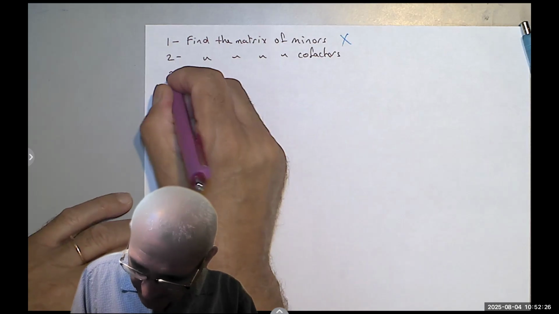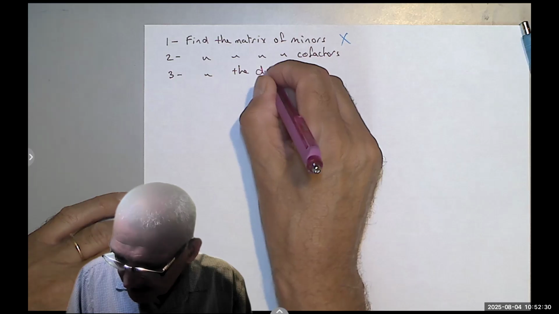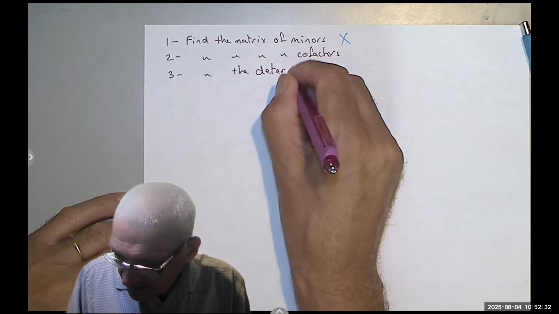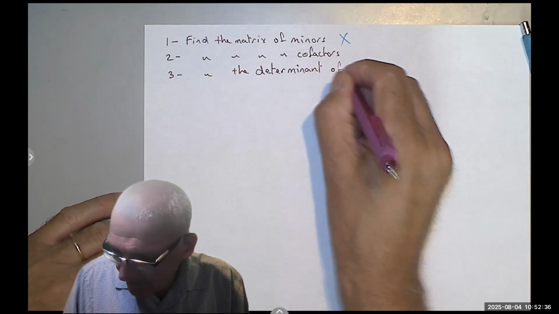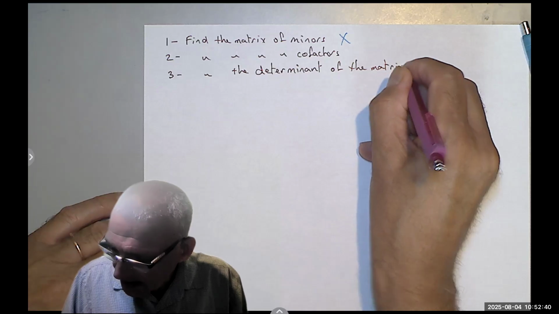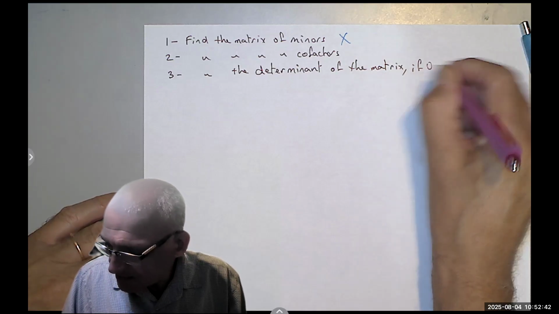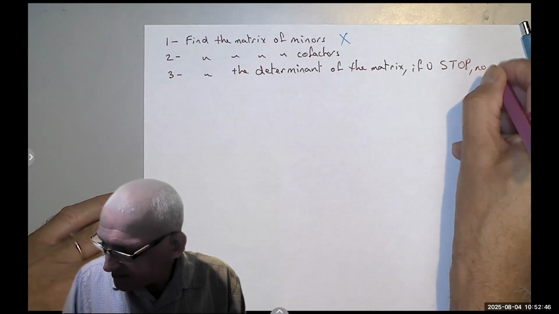Step number three, find the determinant, like we did last time, of the matrix. If zero, stop, no inverse.